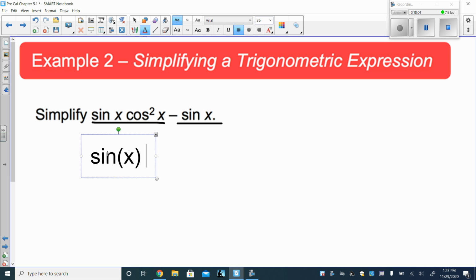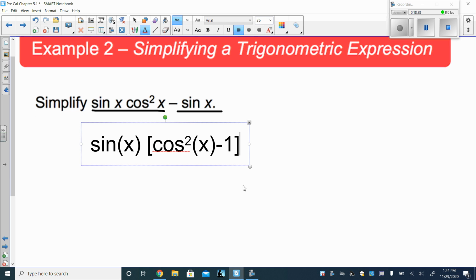So I have sine of x times, well, if I factor sine of x out of sine of x times cosine squared of x, I'm just left with cosine squared of x. Now when I factor sine out of sine, I'm just left with 1. And it's going to be negative because it's minus sine, so it would be minus 1.